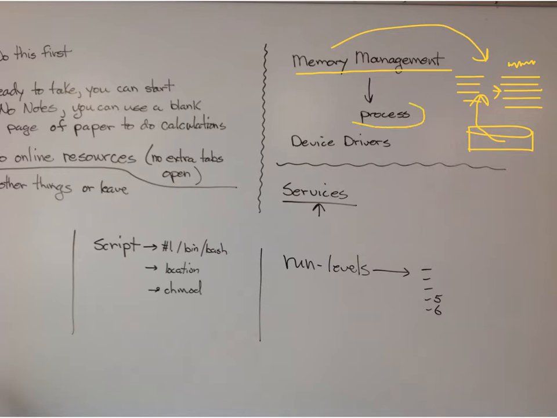Program becomes a process in memory, and we have to manage that. There are a lot of details to that, but this is all we're going to cover at this point.